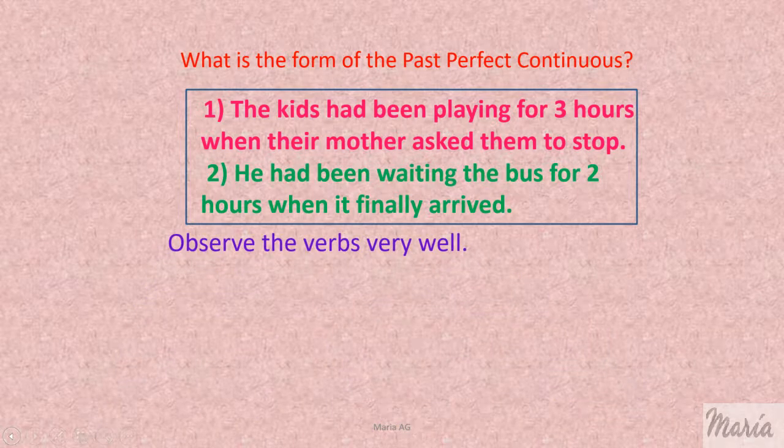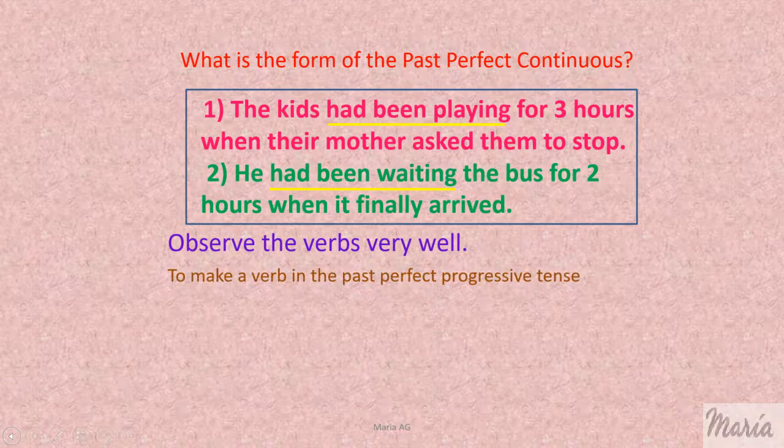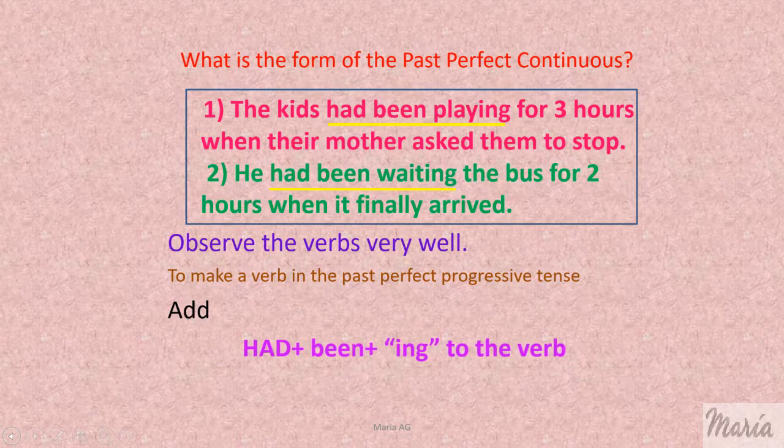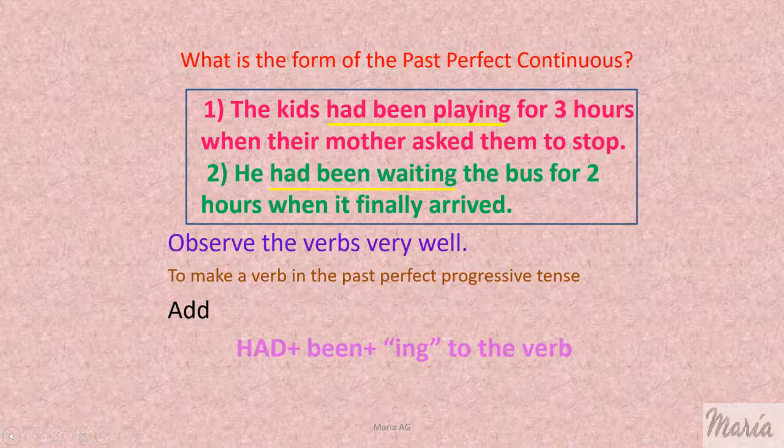Observe the verbs very well. To make a verb in the past perfect progressive tense, add had plus been plus ing to the verb. Now, answer the questions. Listen.